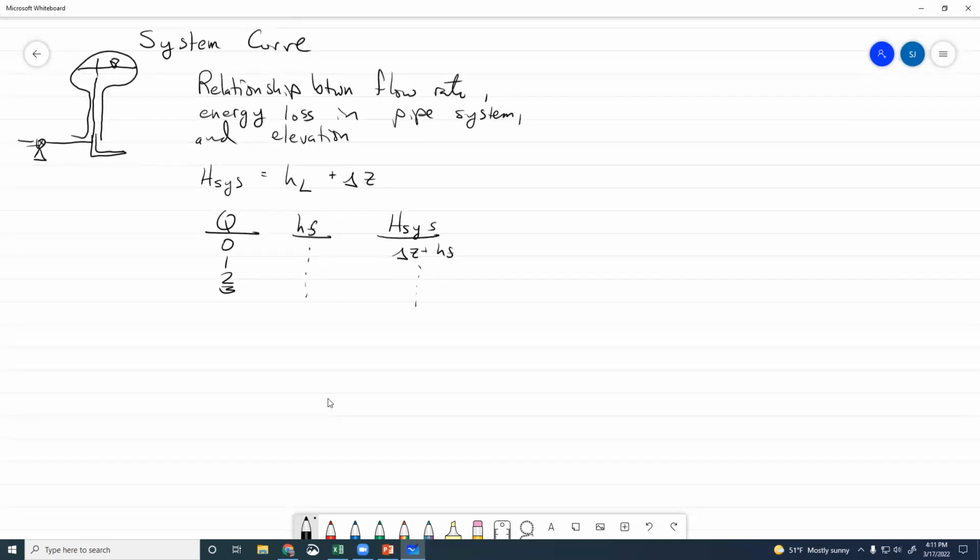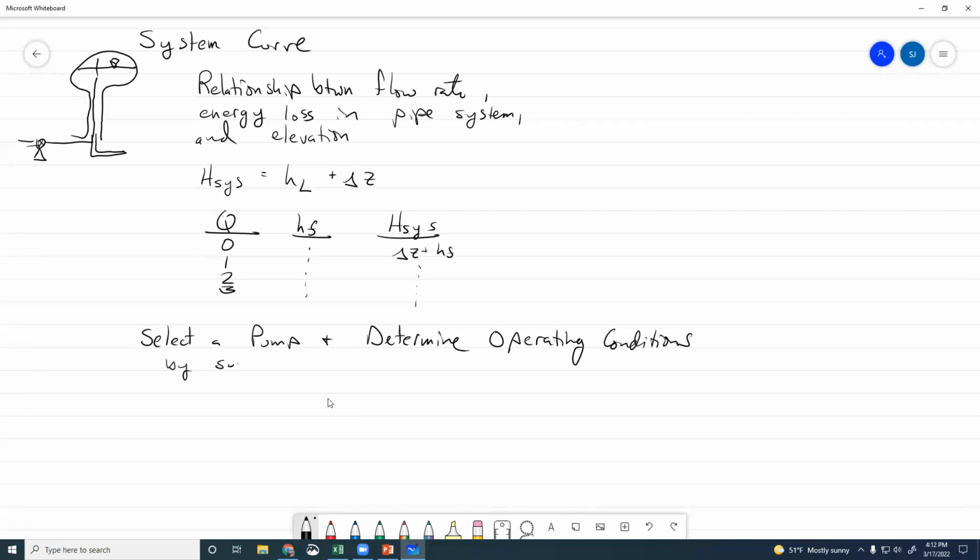Finally, we can select a pump and determine operating conditions by superimposing these two curves.